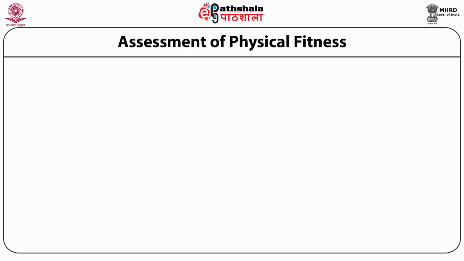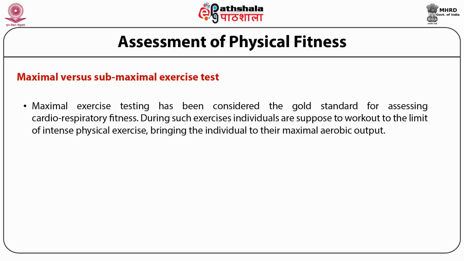Now let's have a look at a comparative assessment of a maximal versus a sub-maximal exercise test to assess physical fitness. The maximal exercise test has been considered the gold standard for assessing cardiorespiratory fitness.